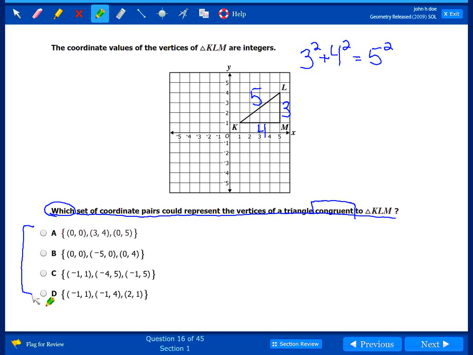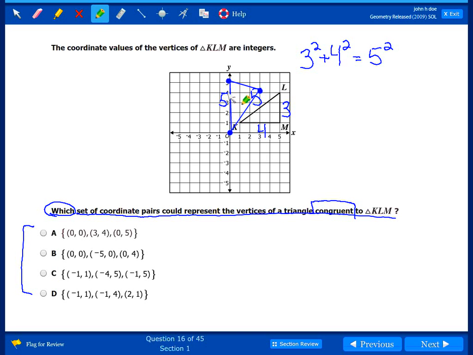So let's start off with letter A. We can use our point tool to help us out here. A is 0, 0, 3, 4, so we go over 3 and up 4, and 0, 5. So at first glance, it might look like this one is going to be our answer. But if we take a look, we don't have anything that is straight up and down with the exception of this side here, which is 5.